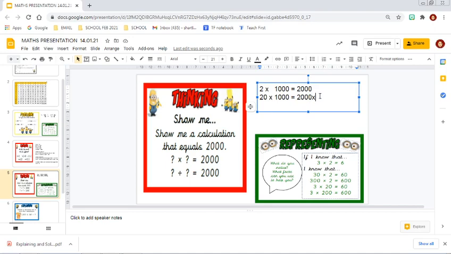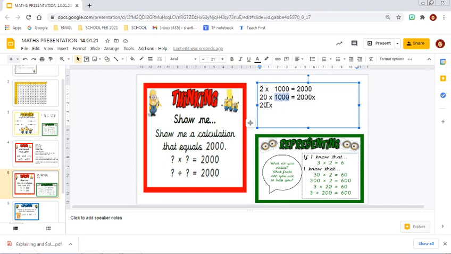Instead, I'm going to use the 2. I'm going to make that 10 times bigger, and it now becomes 20. And then I'm going to multiply that. But because I want the same answer, I need to do something to this 1000.